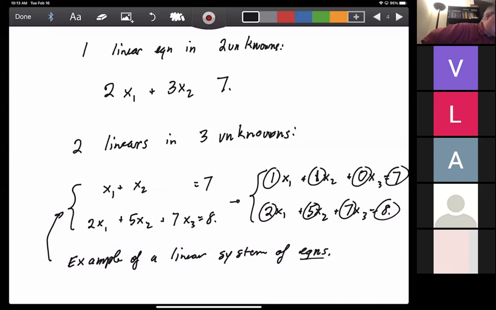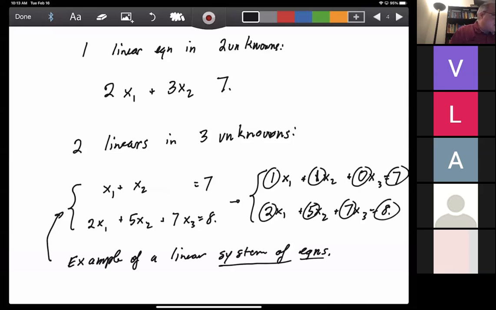You could talk about a system where you just have one equation, but typically when we say a system of equations, that means you have more than one equation. And a linear system means that all the equations that you're dealing with are linear equations of this type.